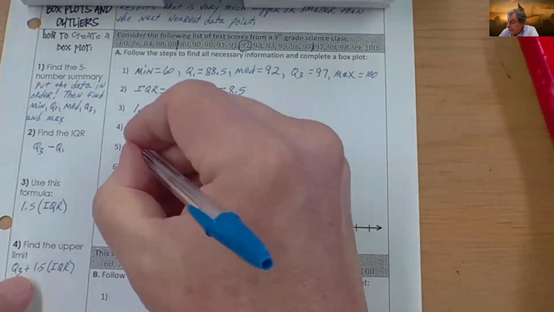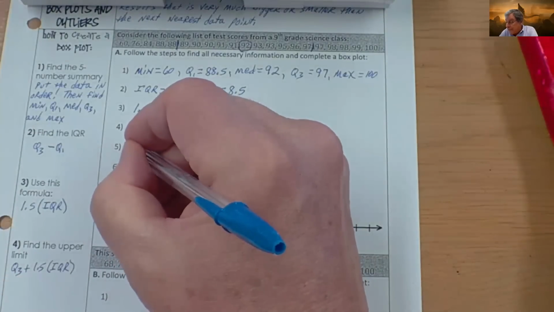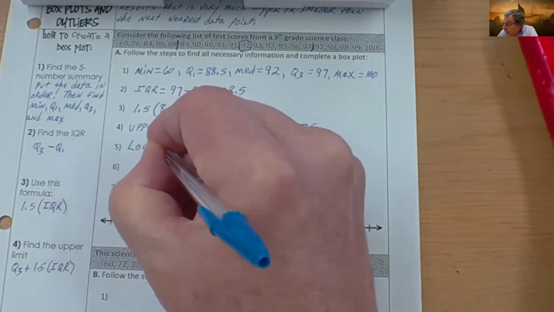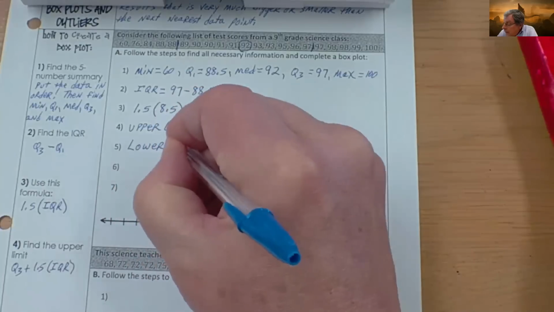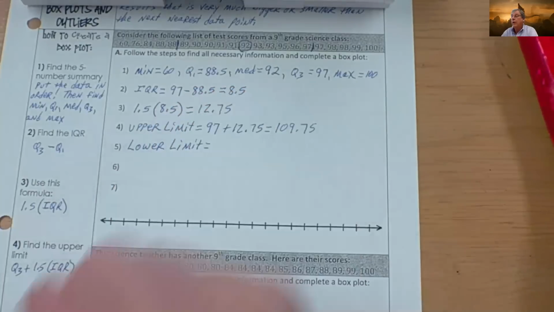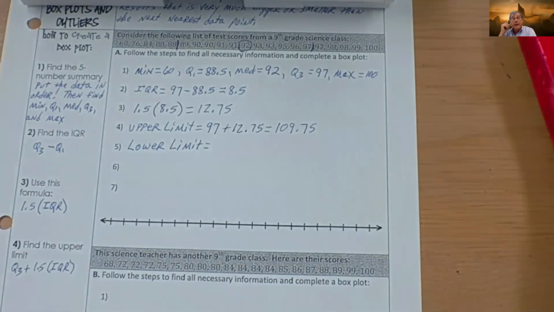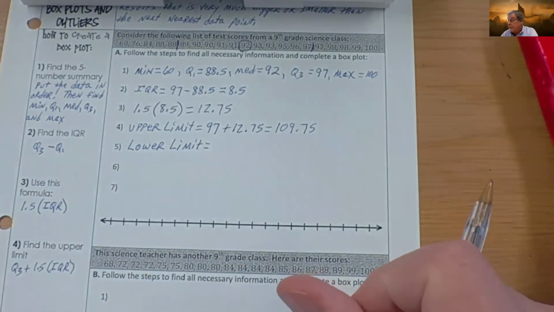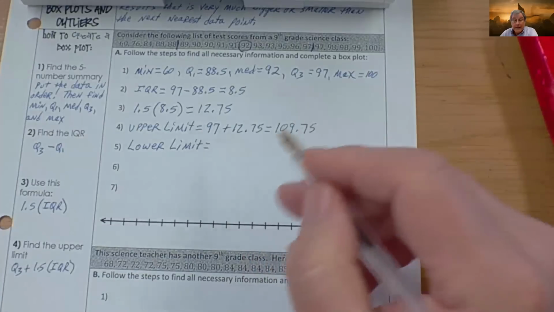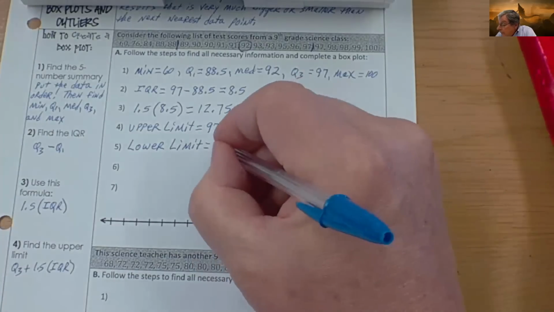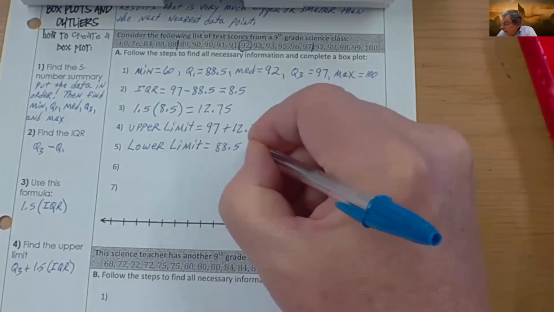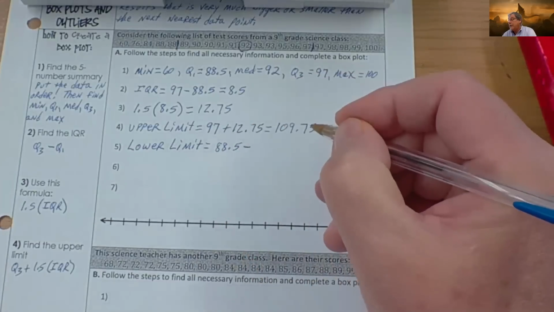The lower limit, that's step 5. If you look at the formula that we just wrote down, it says Q1, which is 88.5, minus 1.5 IQRs.